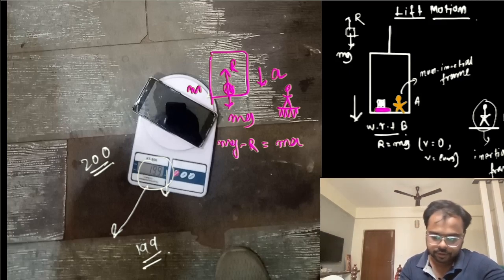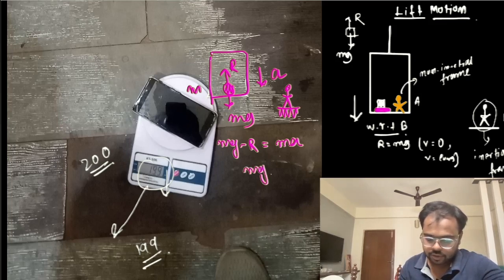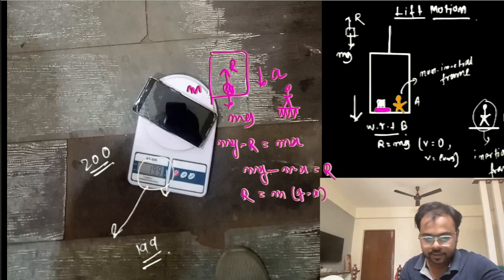Because mg is greater than R, and that is equal to the net force on the body, that is m into a, as it is going down. So finally we can write mg minus ma equals R. So finally this R value is equal to m into (g minus a).